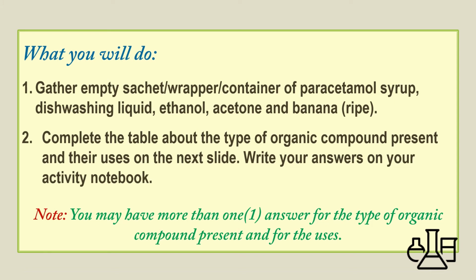Gather empty sachet, wrapper, container of paracetamol syrup, dishwashing liquid, ethanol, acetone, and ripe banana. Number 2. Complete the table about the type of organic compound present and their uses on the next slide. Write your answers on your activity notebook. Take note. You may have more than one answer for the type of organic compound present and for their uses.